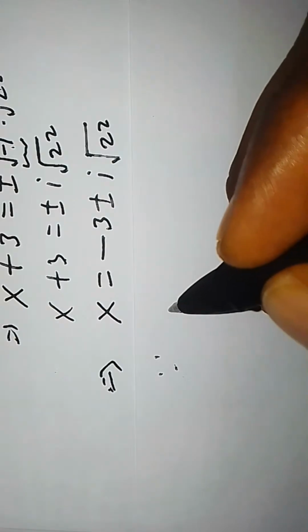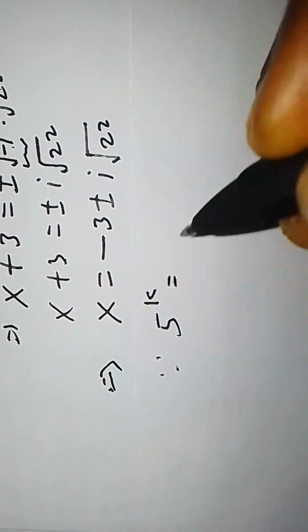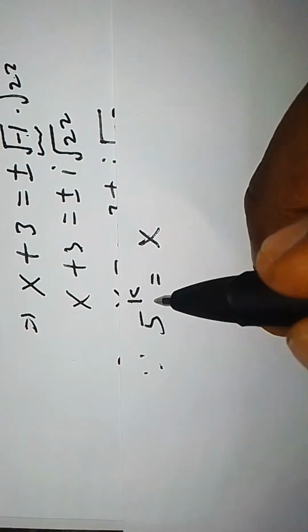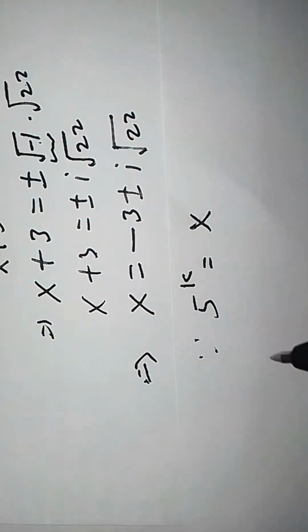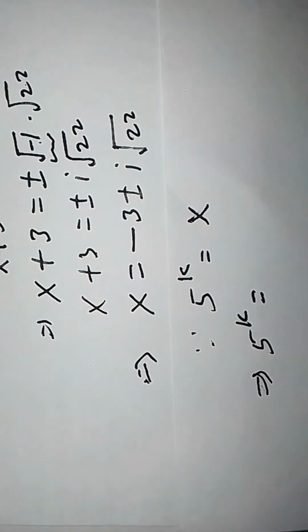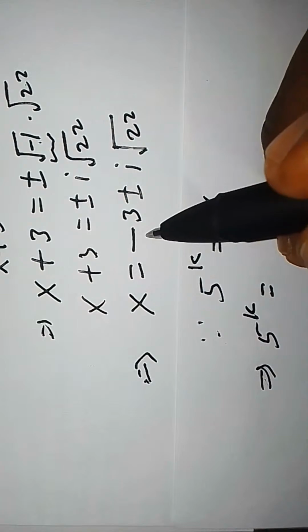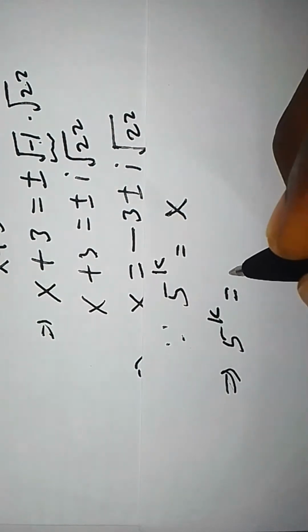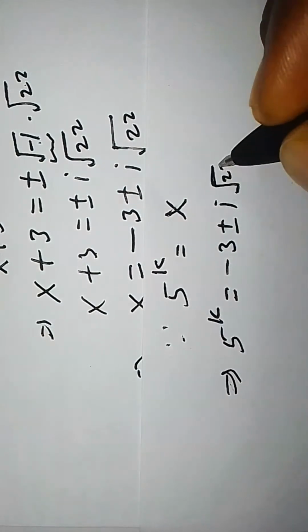Since 5^k = x, because we want to find the value of k, this means that 5^k = -3 ± i√22.